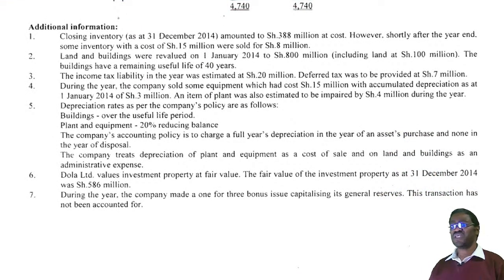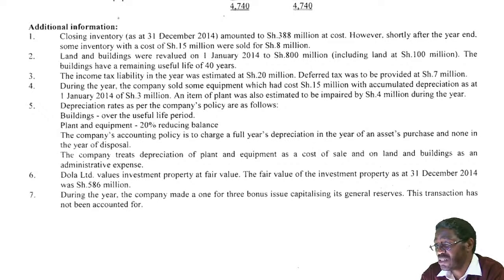Let's read it. It says, land and buildings were revalued on 1st January 2014 to 800 million, including land, shillings 100 million. The buildings have a remaining useful life of 40 years.